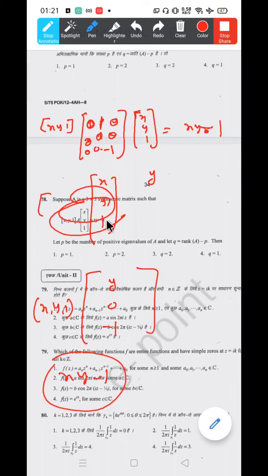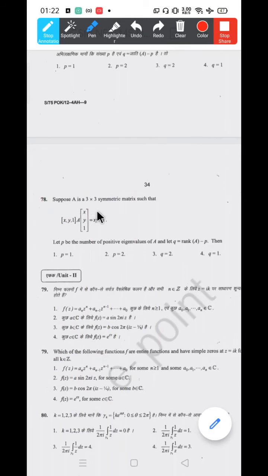This matrix satisfies, but this matrix is not symmetric, man. Can you see that? The question was saying it must be a symmetric matrix. We got a matrix that is something like this: 0 1 0 and here minus 1 0 0. So we must be having something like this.